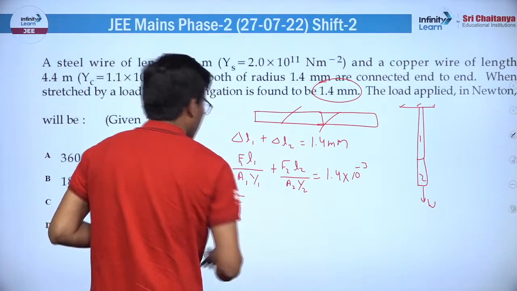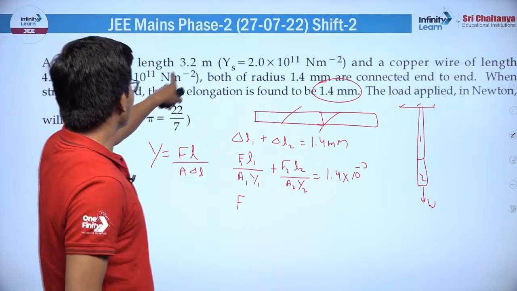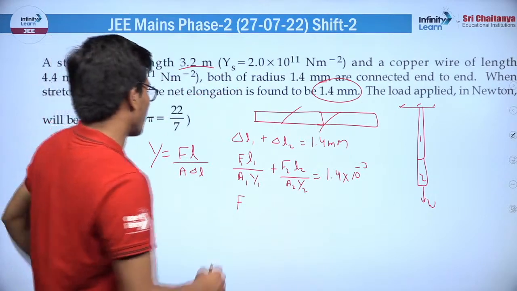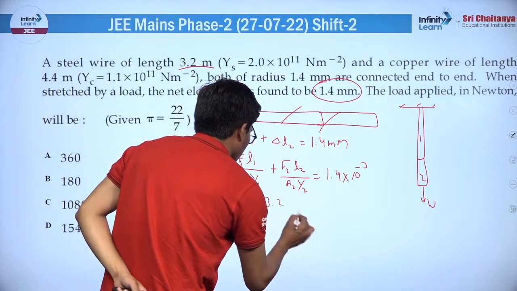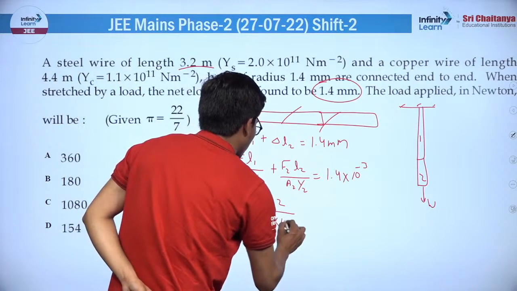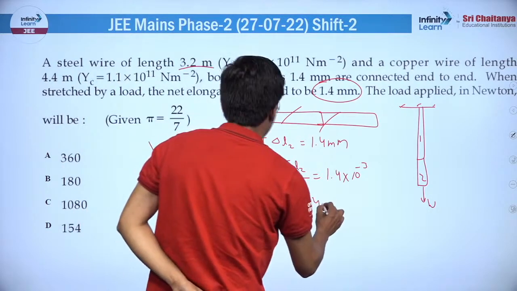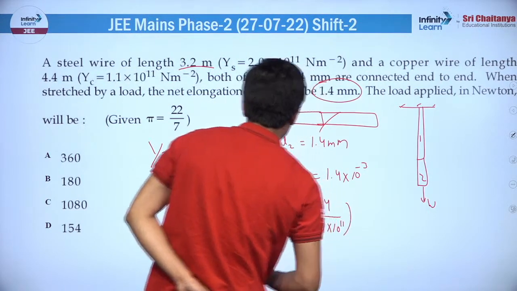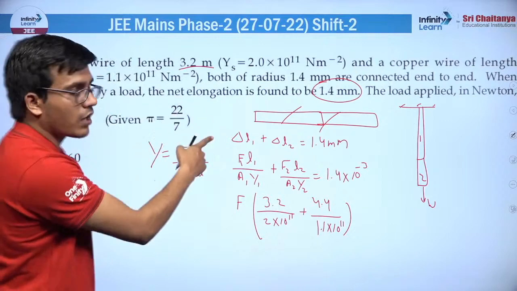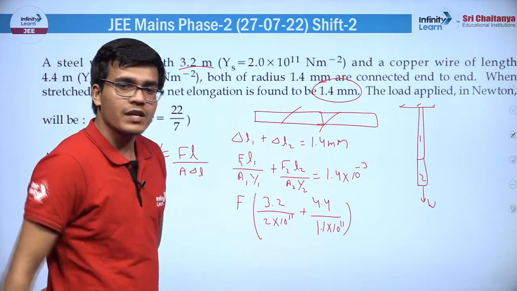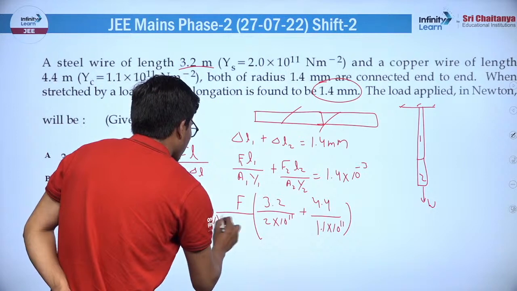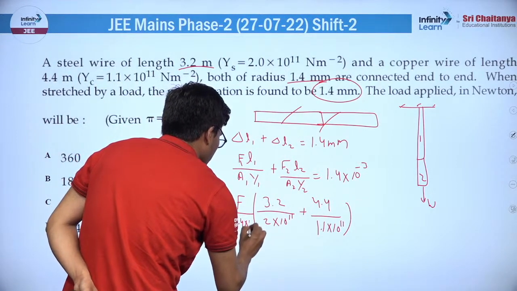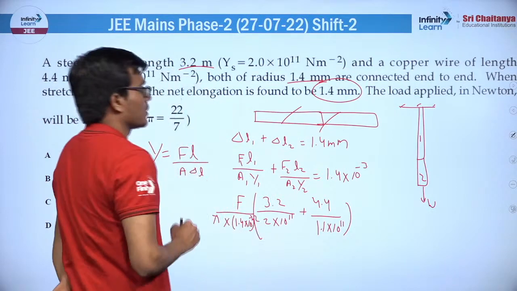So force I can take as common. Lengths are given. For the first one, steel, it is 3.2, and the second one it is 4.4, right? So 3.2, Y1 is 2 into 10 to the power 11, plus this is 4.4, and the Young's modulus is 1.1 into 10 to the power 11. And what about area? Both have the same radius, so we can write area as pi into r squared. R squared means 1.4 into 10 to the power minus 3 to the whole square.